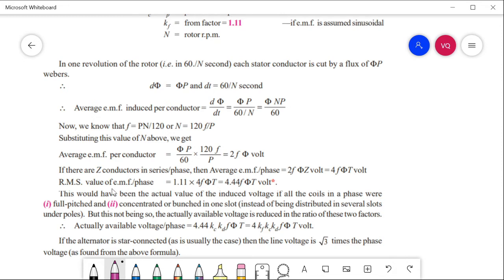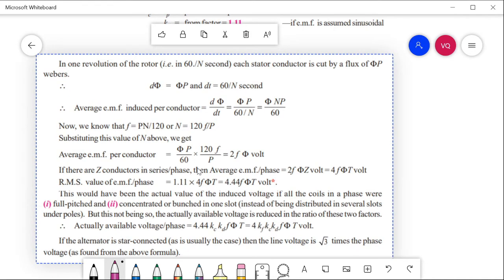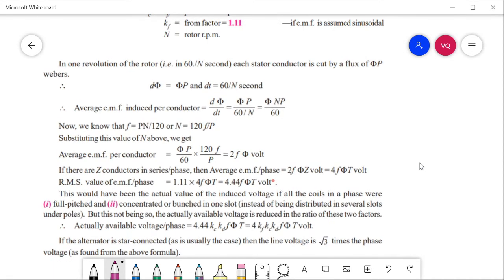So RMS value of EMF per phase is equal to 1.11 times 4F flux T, which is equal to 4.44 frequency flux number of turns.